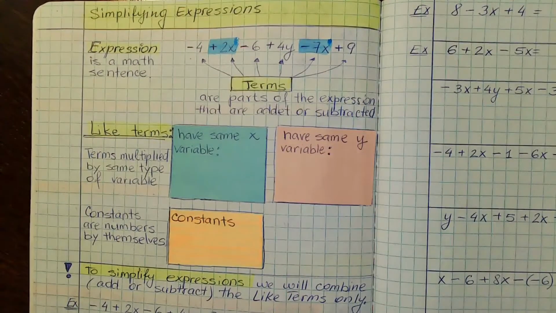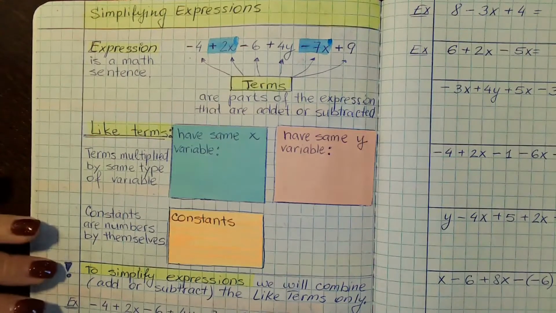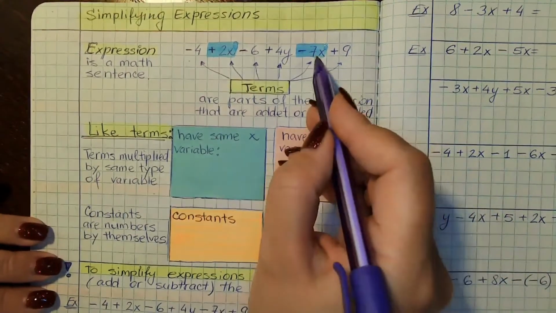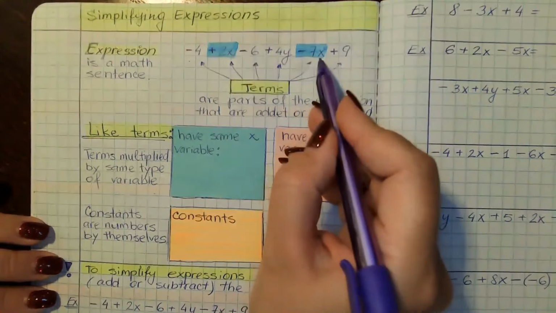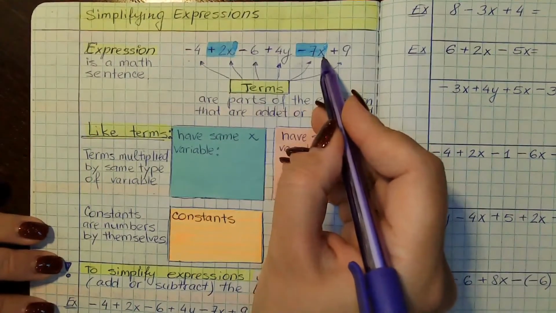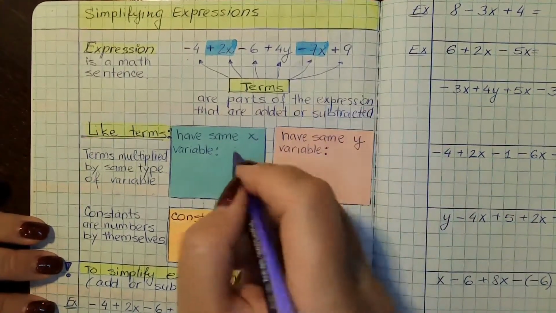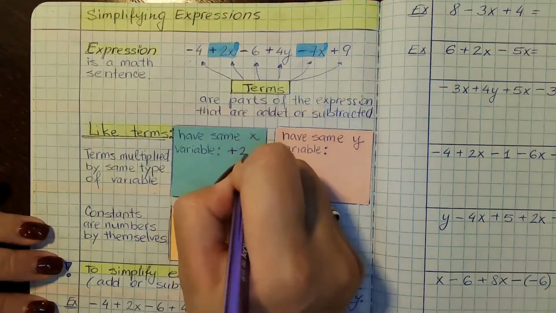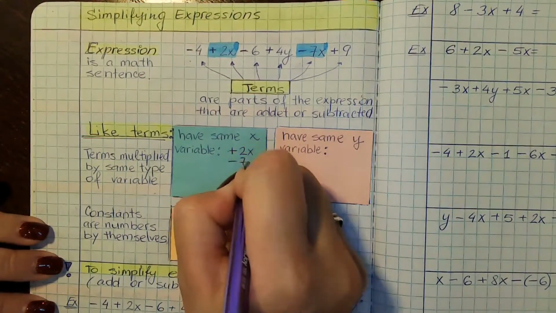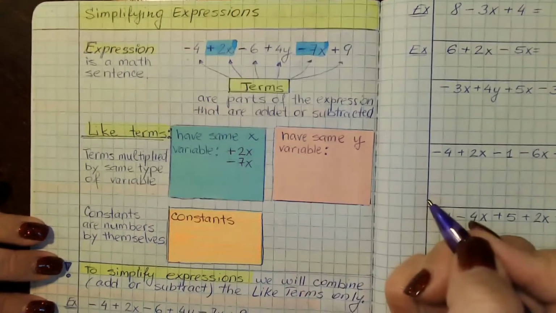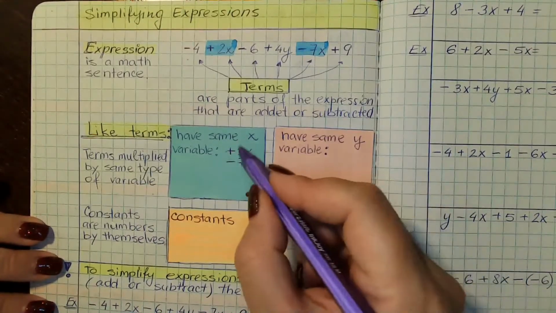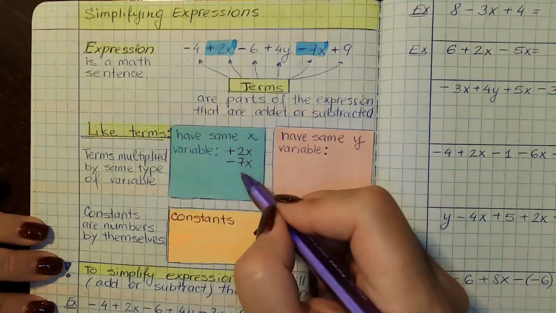So the like terms are positive 2x and negative 7x. They are the terms that are multiplied by the same variable. That makes them alike.